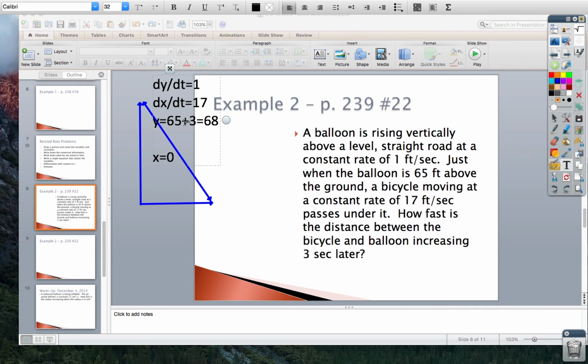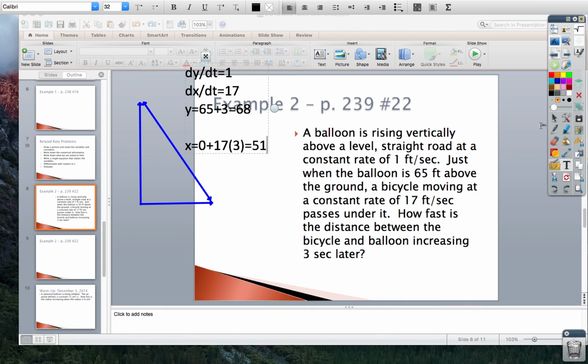Therefore, that height is 68. And we know that at x equals 0, that's when the bike just started moving. The rate is 17 feet per second, so after 3 seconds times 17, we get 51.